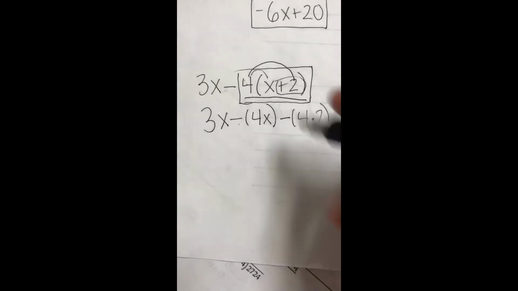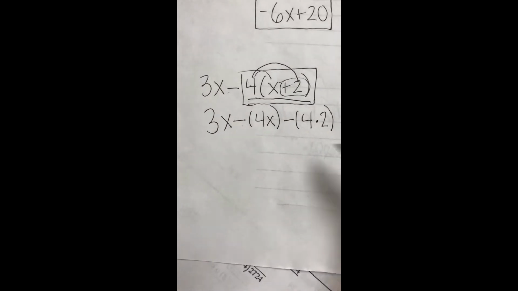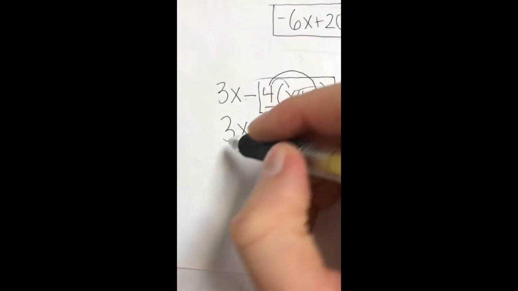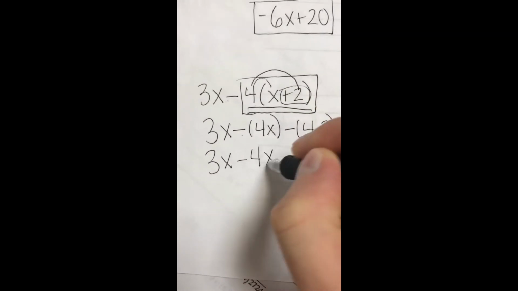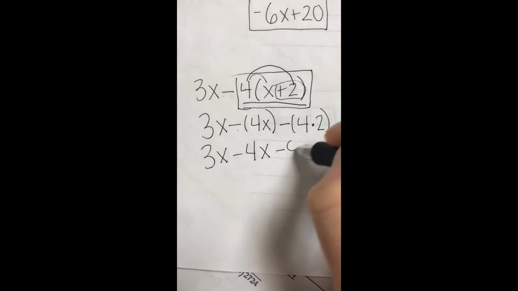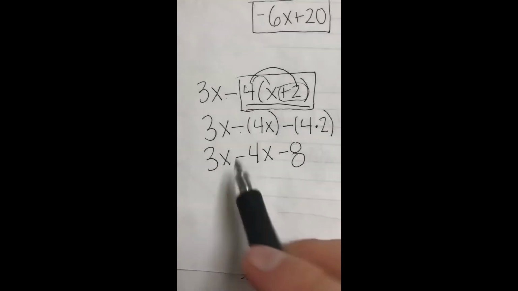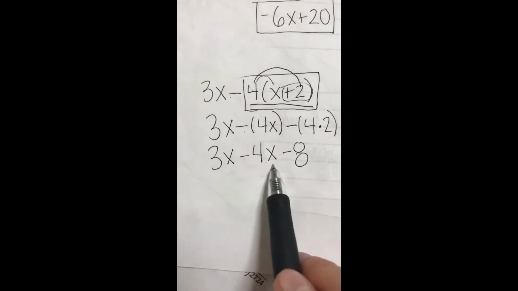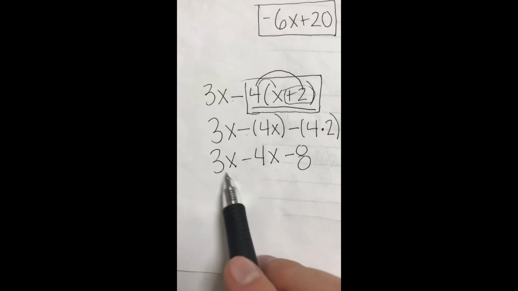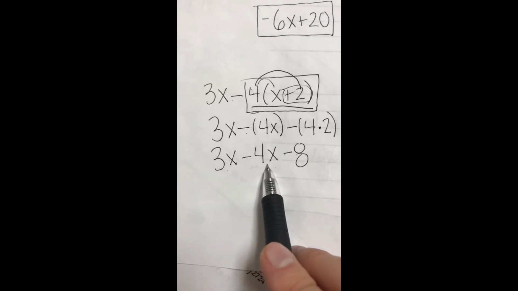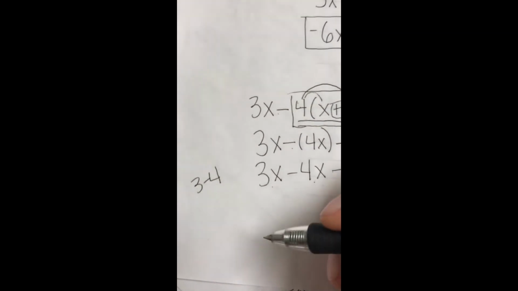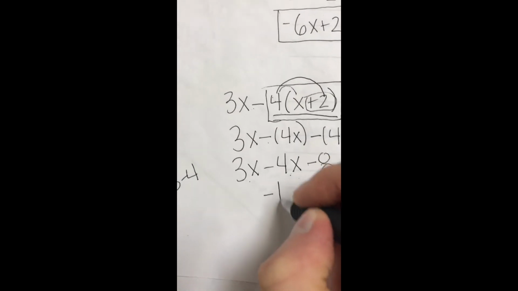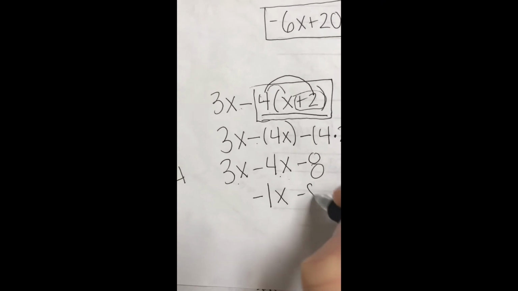So then, let's combine anything that we can. So 3x minus 4x minus 4 times 2 is 8. Then I have 2 terms with x, so I can combine those. 3x's minus 4x's. 3 minus 4, that would be the same as negative 1x minus 8.